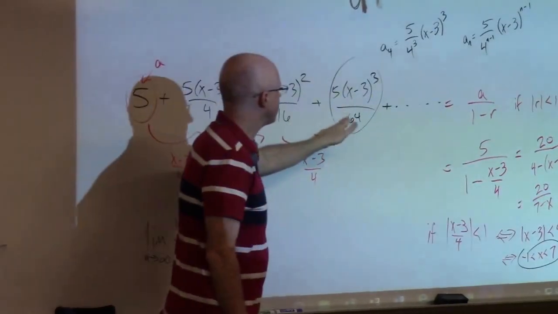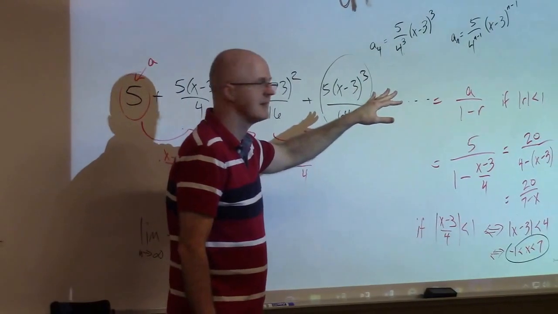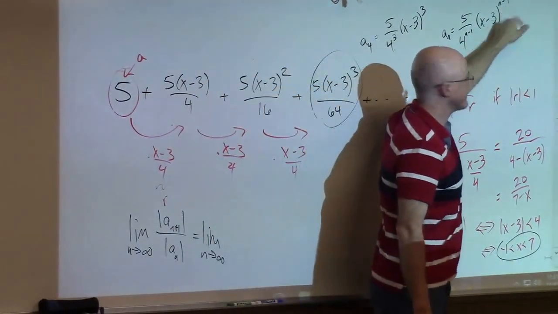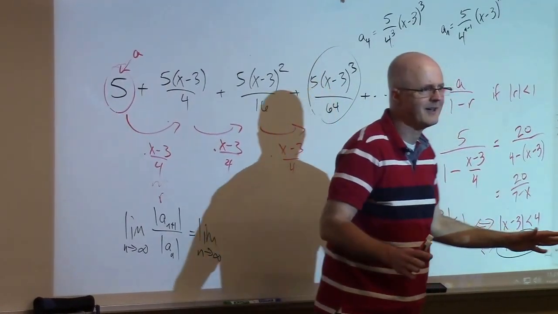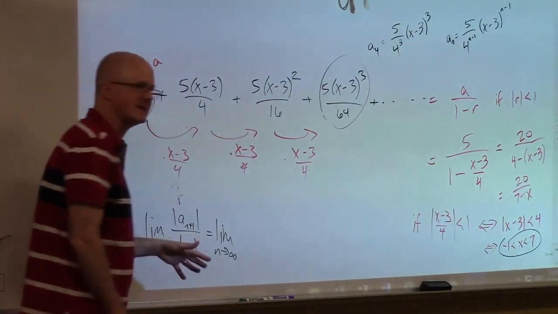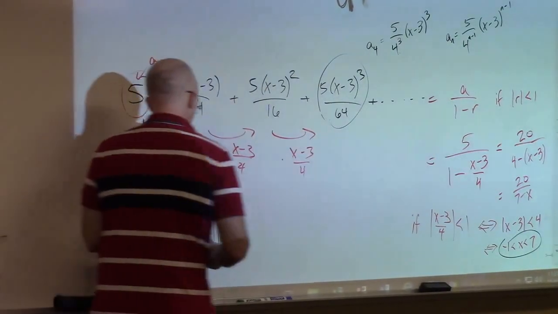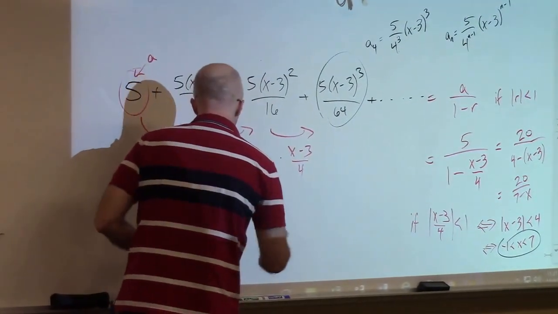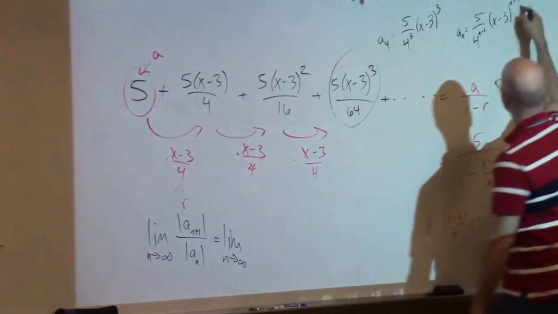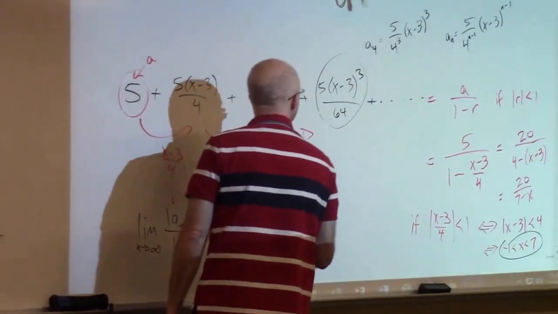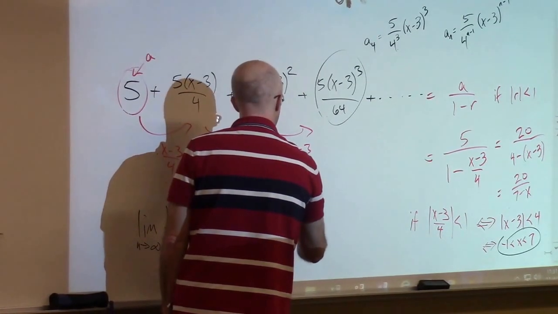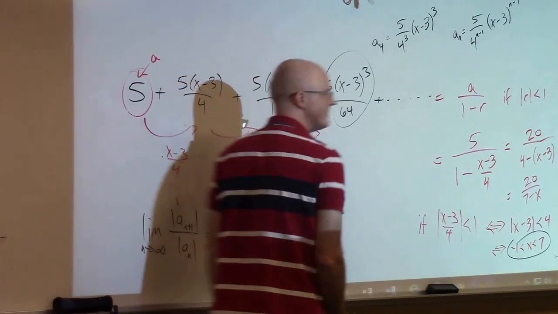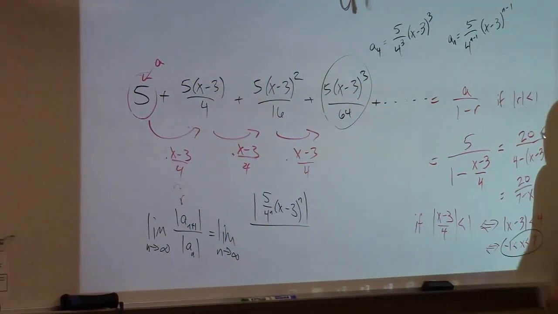So I could have called this a0 or a1, a2, a3, and then the formula would be a little different. There would be an nth power there and there instead of an n minus first power. It doesn't really matter. The limit of the ratio test is going to be the same either way. If I replace these n's with n plus 1s, then I actually get n's because of the minus 1.